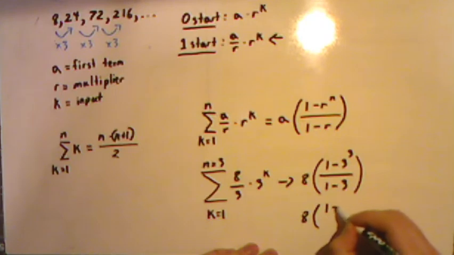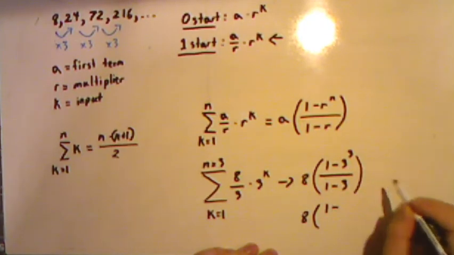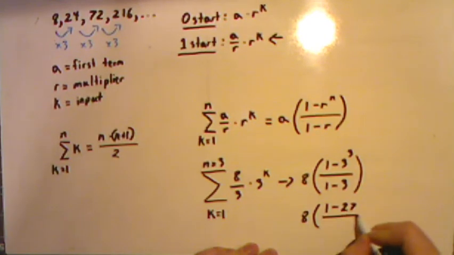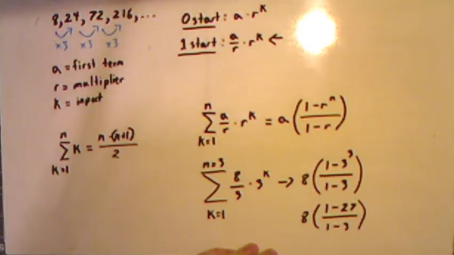The first thing we might want to simplify is this exponent up at the top. 3 times 3 times 3 is the equivalent of 27. We're going to do 1 minus 3 here, and then we continue our simplification where we take 1 minus 27 and get negative 26.